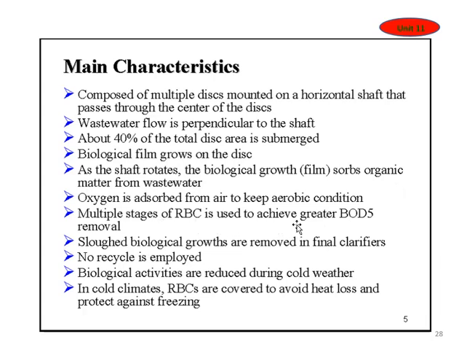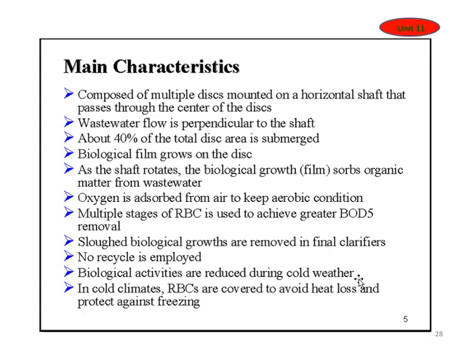Multi-stage RBCs are generally used to remove more BOD. The slough, meaning bacteria washed off the disk with the wastewater, can be removed in the clarifier, in the next tank where you can put a sedimentation tank. No recycling is implied in this type of treatment. Biological activity is reduced during cold weather.